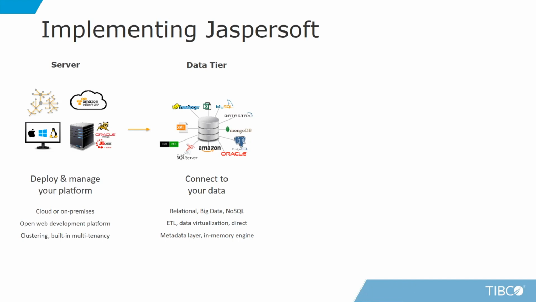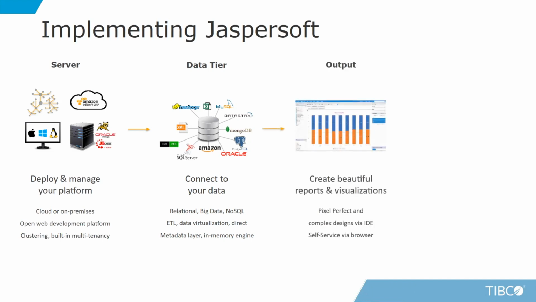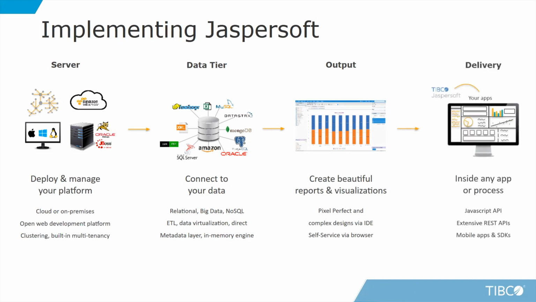It's mostly there for self-service. Then create the visualizations that are now sitting in the Jaspersoft server, and then we embed. So what we're going to do today is really focus on that output section and driving back into the data tier a bit. And we're going to see the embedding piece as the final result of that.